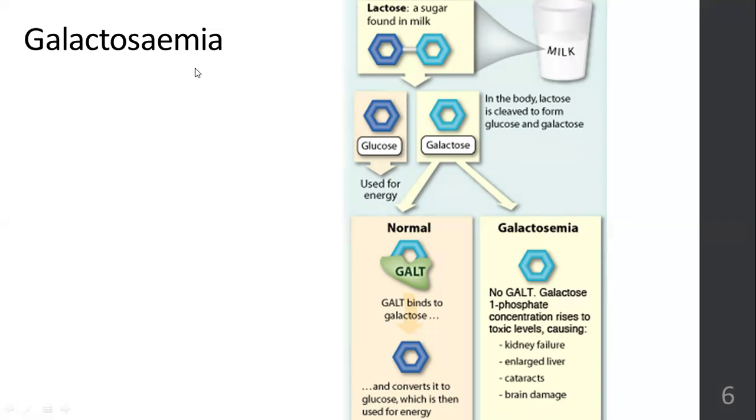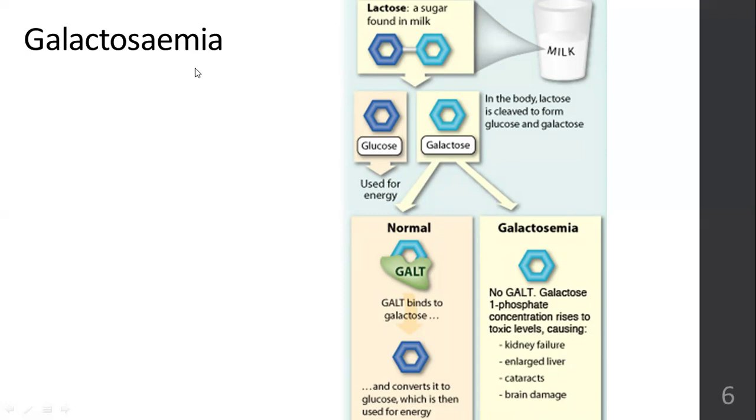So here in galactosemia, galactase, that's an enzyme. Galactose 1-phosphate or galactase, that's an enzyme that the child's body is not able to produce. So the child can definitely break down glucose. The child can also break down fructose. Fructose comes from fruit. That's the sugar that you find in fruits.